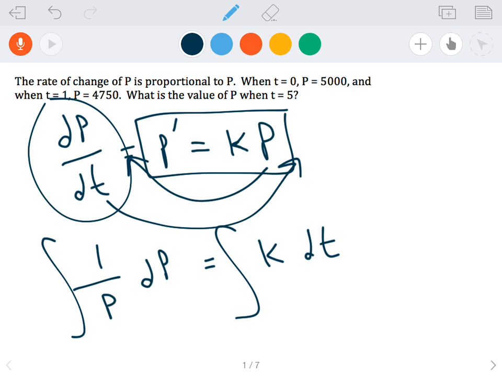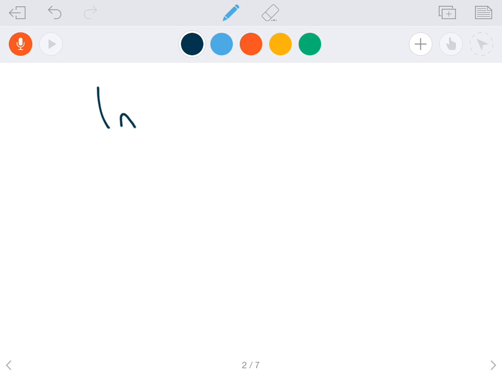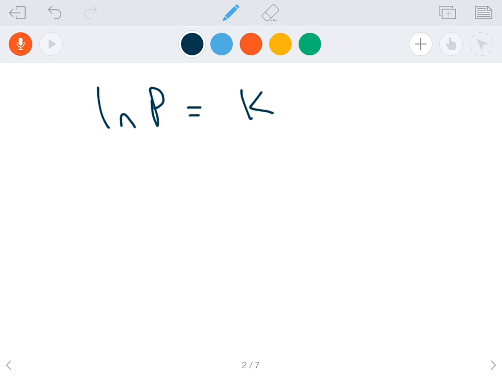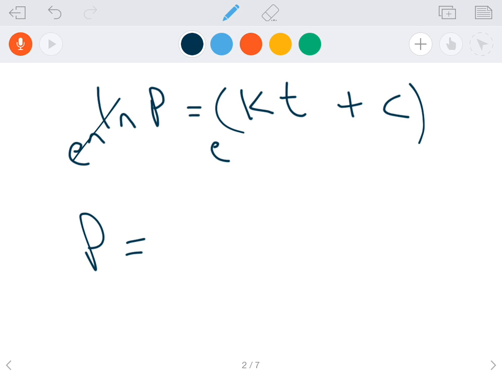The integral of 1 over p is the natural log of p, and the integral of k with respect to t is just kt, and then we'll put plus c on this side. To solve for p, I would do e raised to both sides. It's called exponentiating both sides. So I have that p is equal to e raised to the kt plus c.